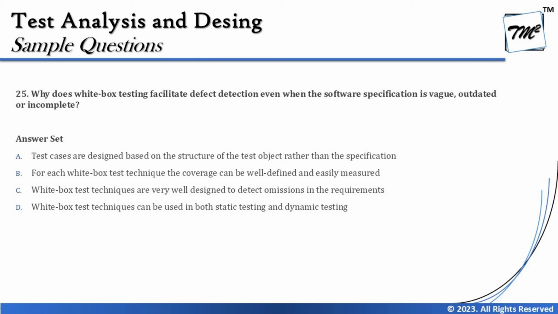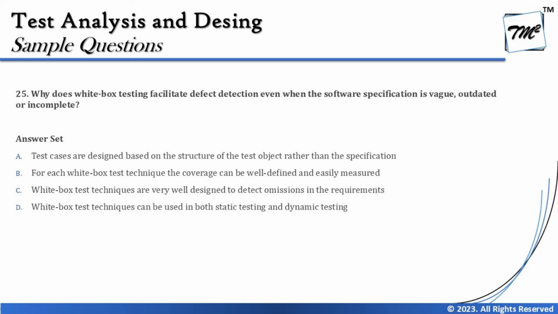Option D says white box test techniques can be used in both static testing and dynamic testing. Again, that's another tricky one. Of course, the statement is true, but this is not the right answer. The reason is there is no connection between the capability to be used for static and dynamic testing and the claim that white box testing facilitates defect detection even with poor specification.